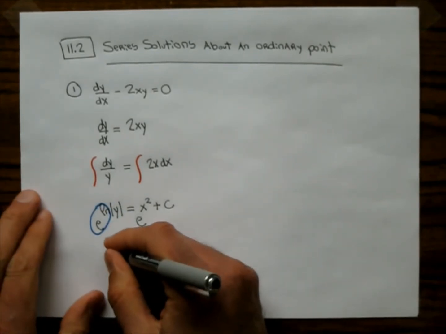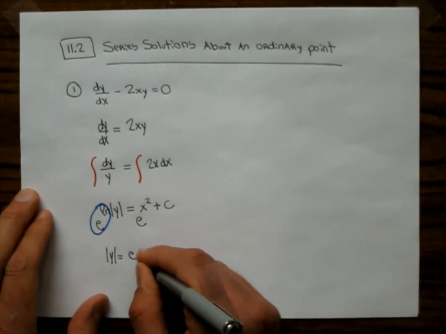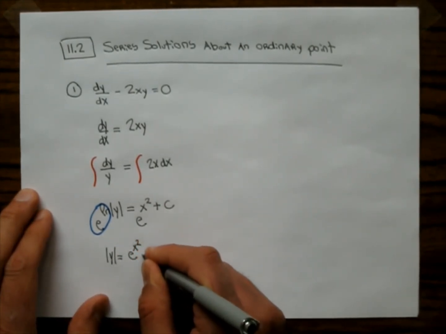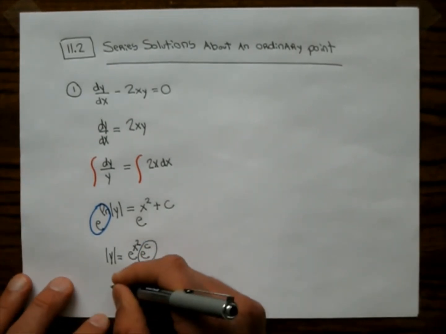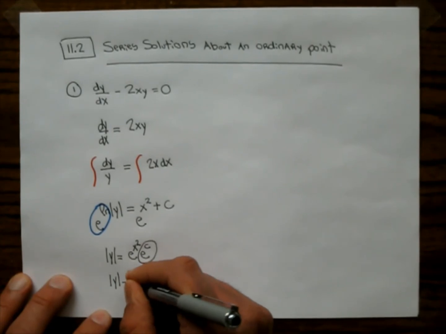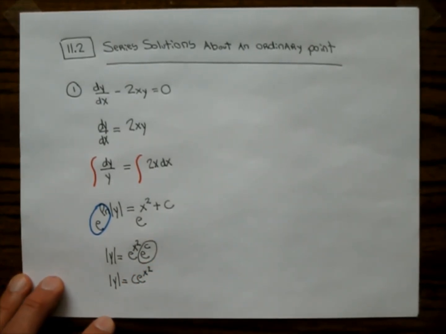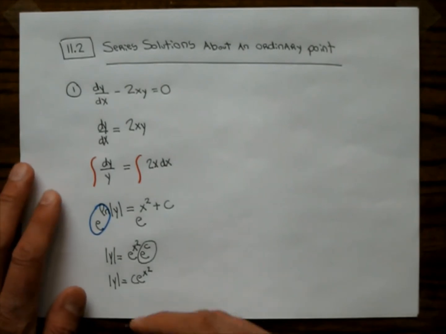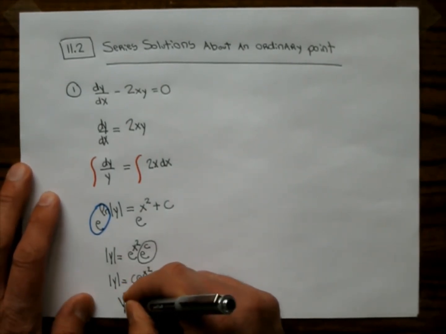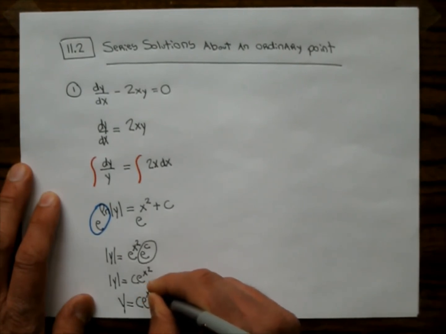You end up getting the absolute value of y equals e to the x squared times e to the c, being another constant. So I have the absolute value of y equals c e to the x squared. That's just a different c than e to the c, and then this c is going to absorb the absolute value. So I end up getting y equals c e to the x squared power.